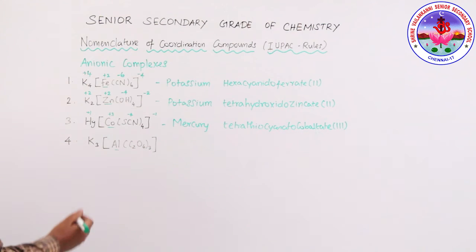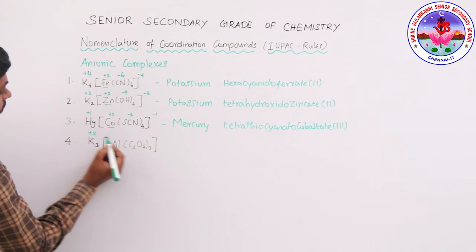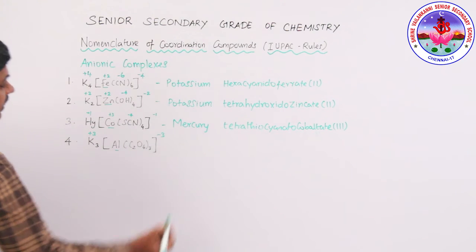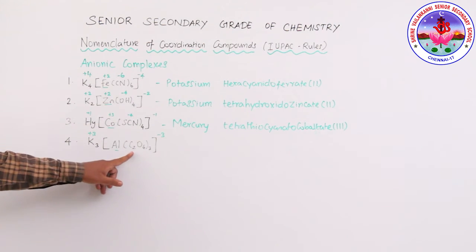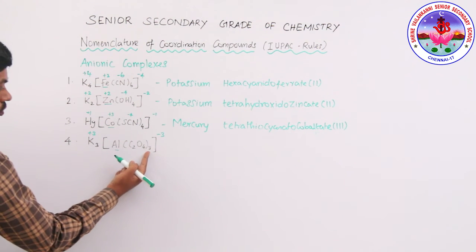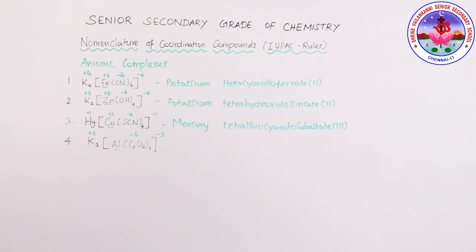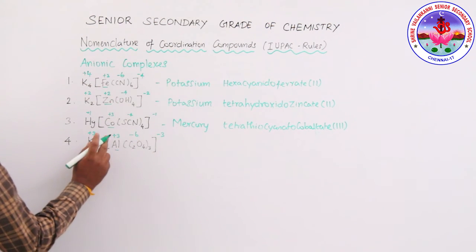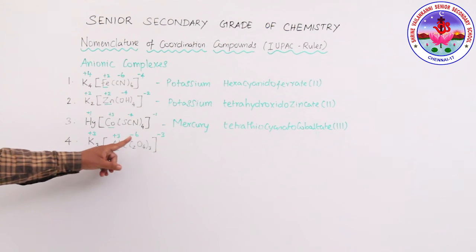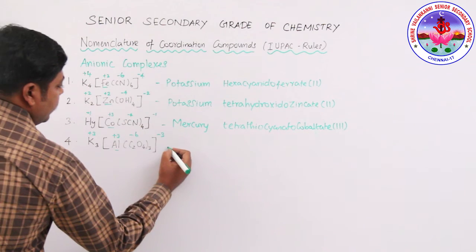Then look at this complex. This is +1 times 3, which is +3, so the charge of the complex would be -3. This is oxalato, and oxalato has a -2 charge. -2 times 3 is -6. Then aluminum has only one oxidation state, so it will be +3. So +3 minus 6 becomes -3, and the charge is satisfied.